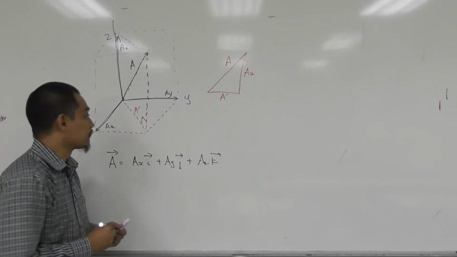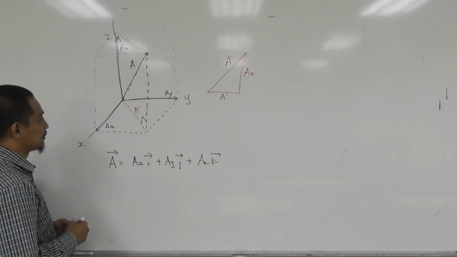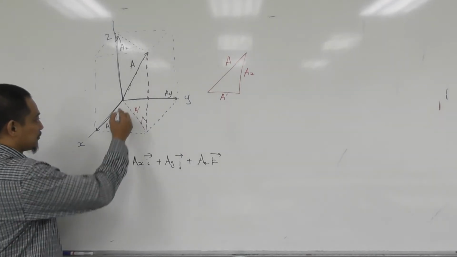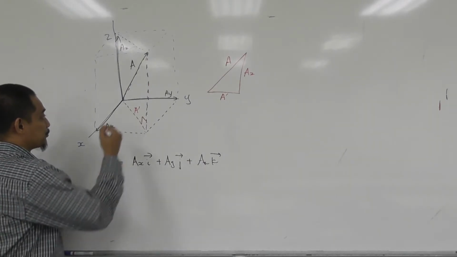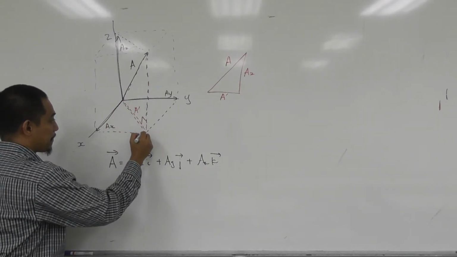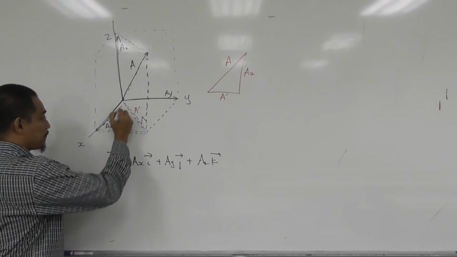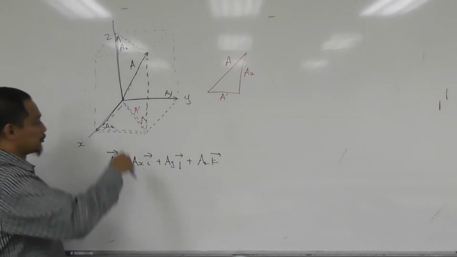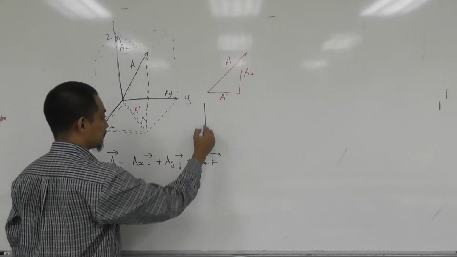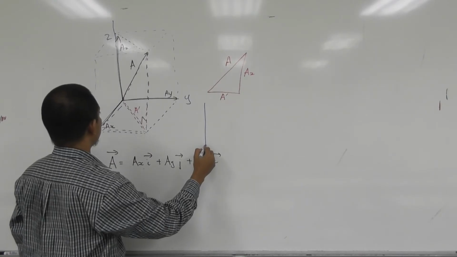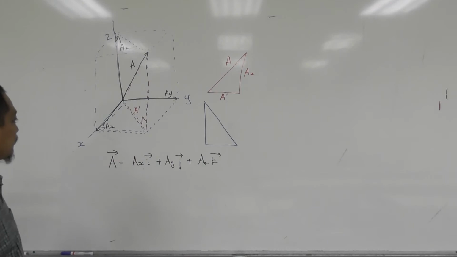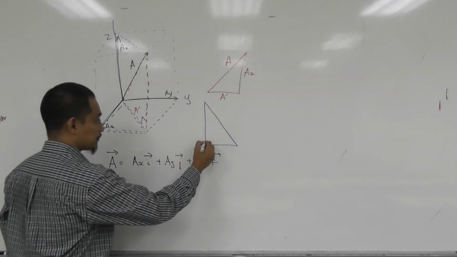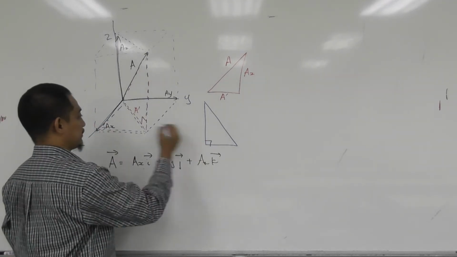And then let's consider which triangle. I'll consider this one, right? So which color then? Let's consider this blue triangle, where the angle is here, right? That angle. So if you look from top, this is AX, right?